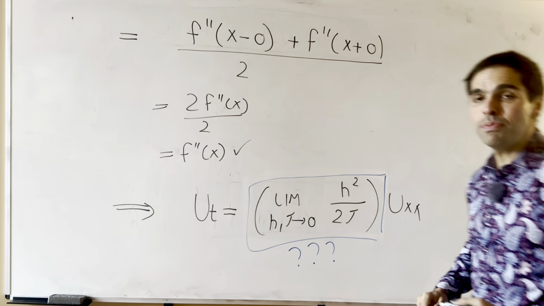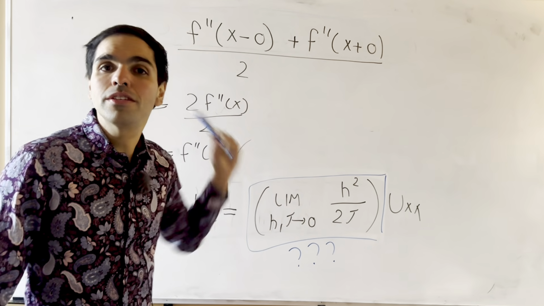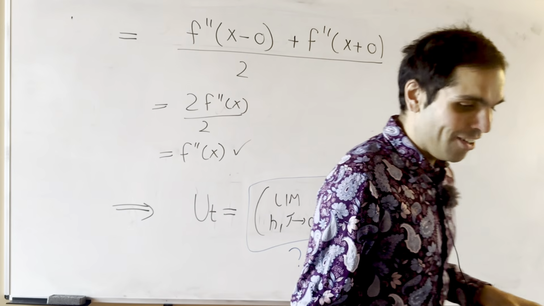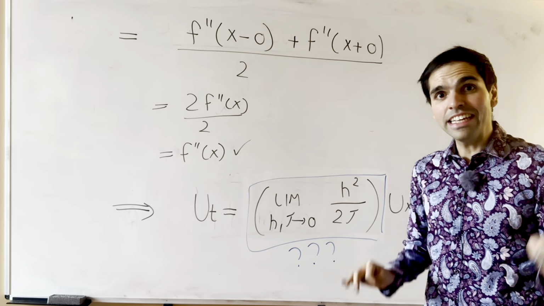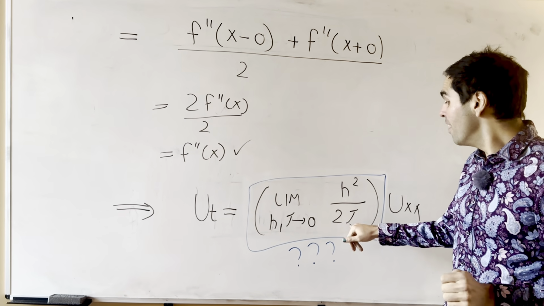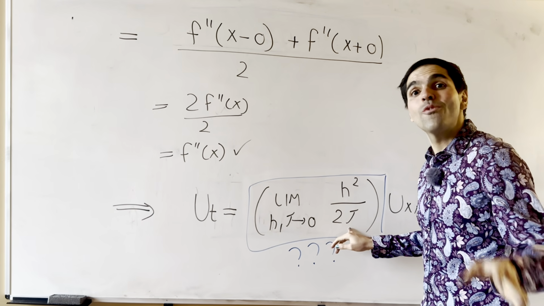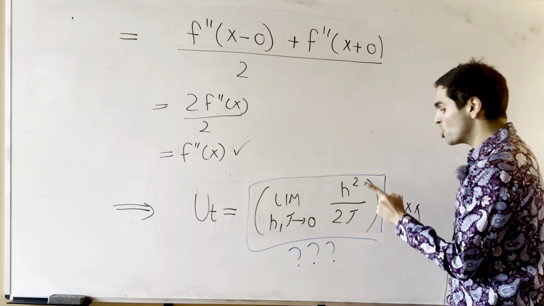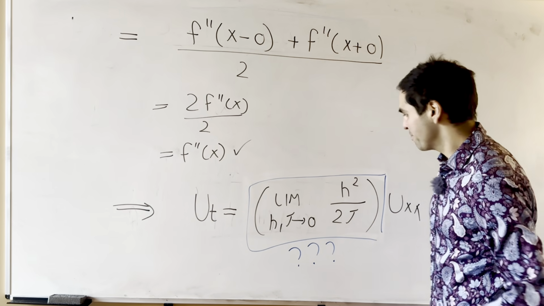Strictly speaking, this limit can be anything, because this could blow up, this could go to 0, this could go to a concrete number. Well, I don't know if you remember, but at the beginning I said, very important, tau is to be announced. Now is where we'll announce what tau is. So in particular, let's choose tau to get an interesting limit.